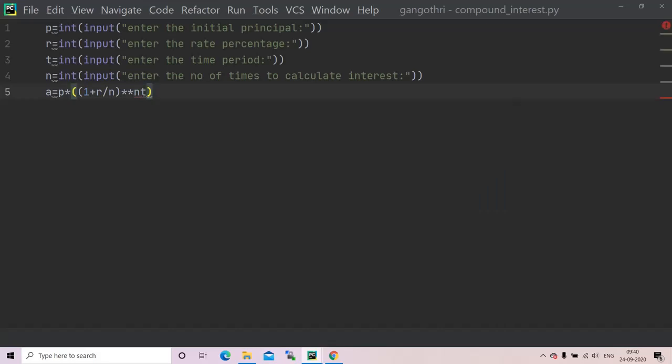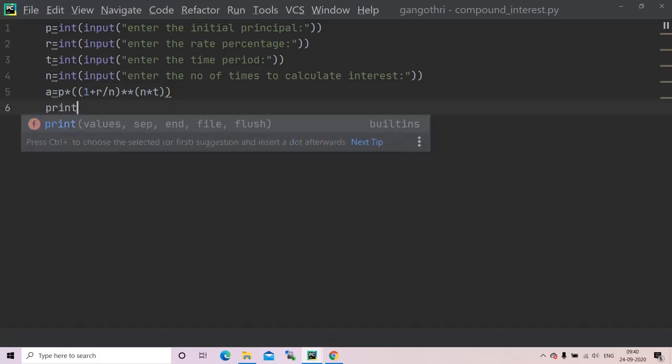Now, sorry, we have to give it as multiplication, right? Yeah, done. Now I want to print my total amount.